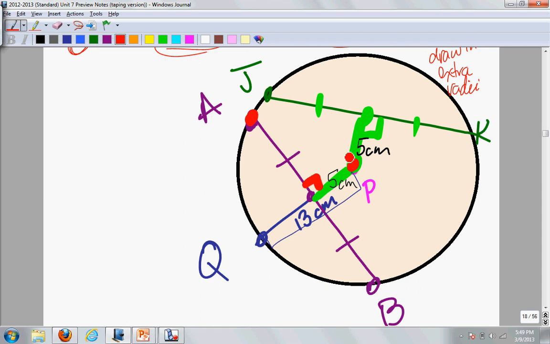From here to here, we're going to connect, and we're going to create a right triangle, and let's see what we can find here. So I just drew in an extra radius, and now, because I drew that in, I have a right triangle. Take a moment and shade that right triangle.